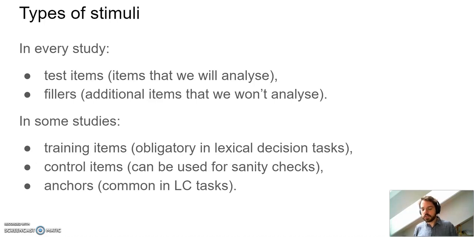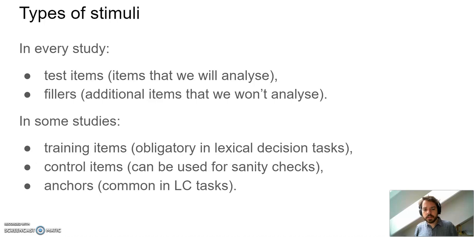Those can actually be used as control items, but they can also be just disregarded. The main purpose of fillers is typically to distract the participant from figuring out, okay, they're just testing this, and I will think of how I answer in general. I'll develop a strategy. We don't want that.